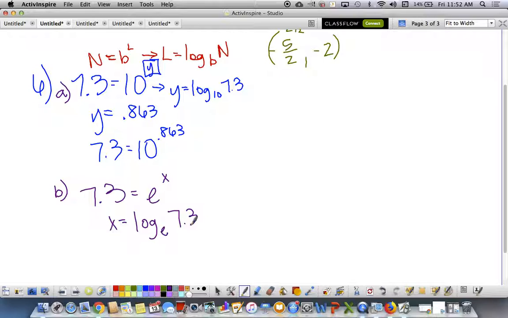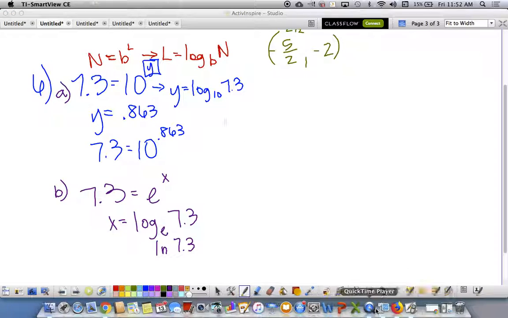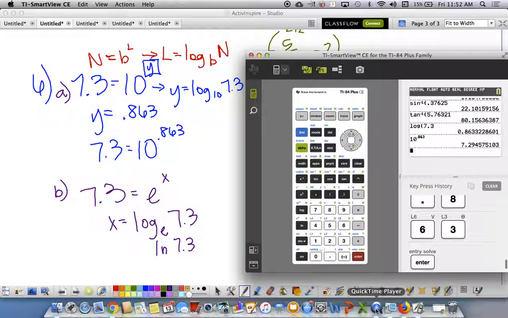What did we talk about log base e? What is that? It's the ln. So really, this is natural log. So I plug in natural log of 7.3. Where is it? It's right below the log button.